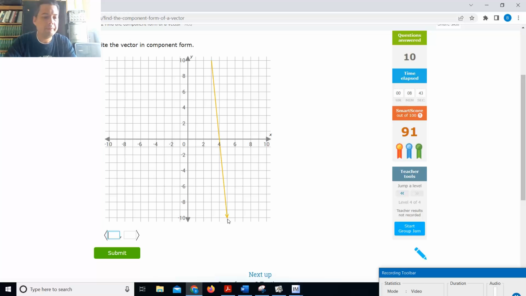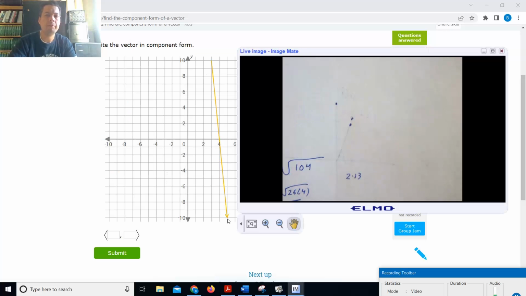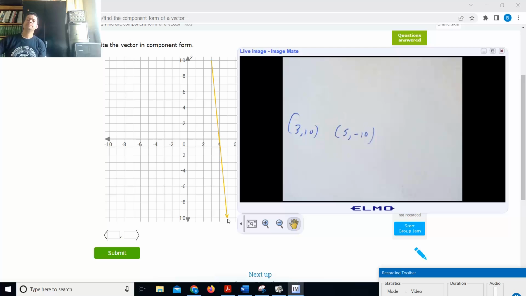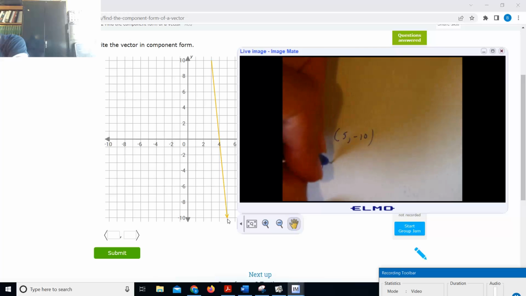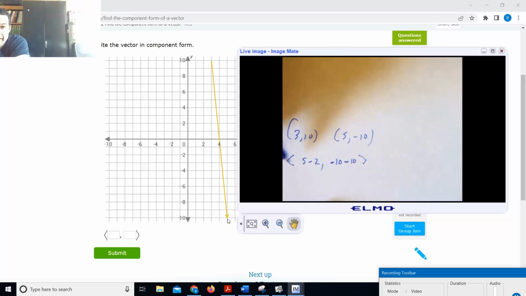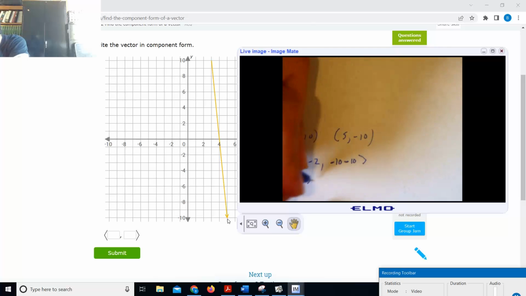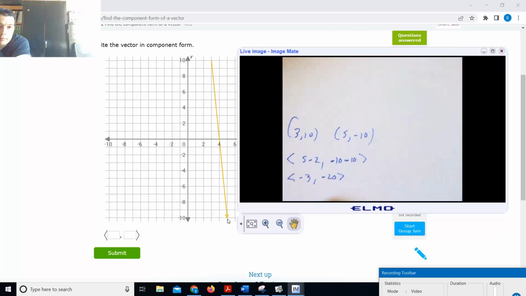I'm going to do the math. I don't think it actually matters which points you grab. I just picked the start and the stop because it should be a concept of slope. So anyways, the component form here would be 5 minus 2, comma, negative 10 minus 10. 5 minus 2 being negative 3, and negative 10 minus 10 being negative 20. And that ought to do it.